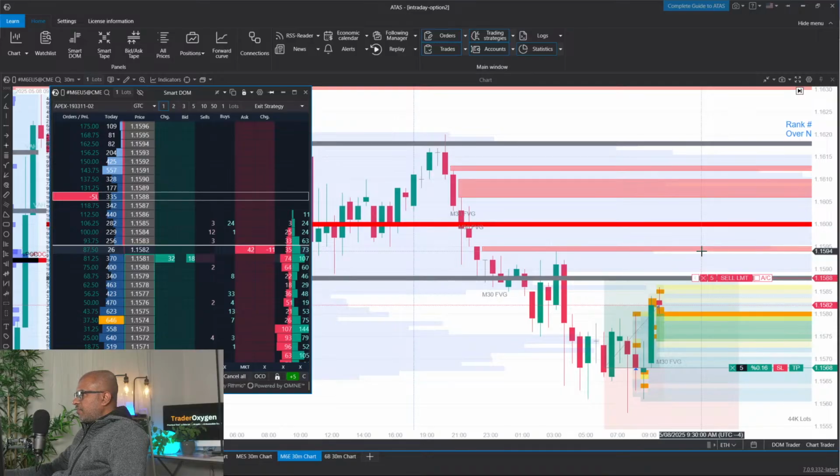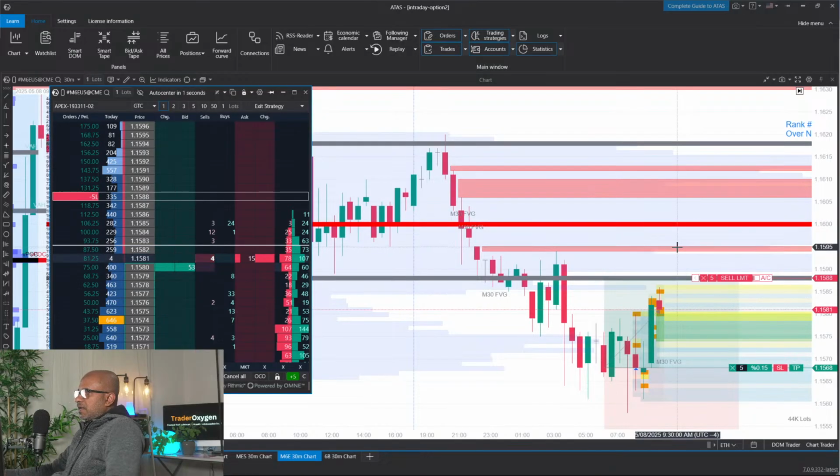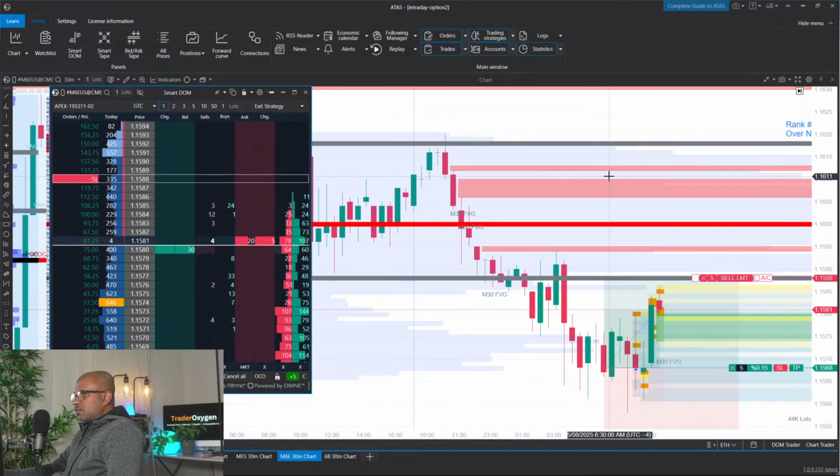We also have to keep in mind that we got the news at 10 o'clock. So what we could do is a couple of things. Let's look at what the price is doing.